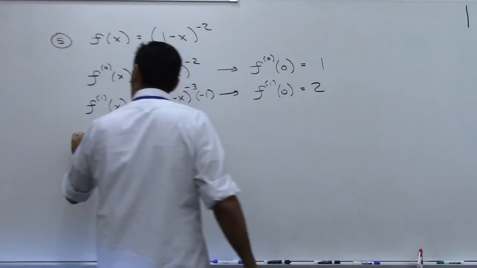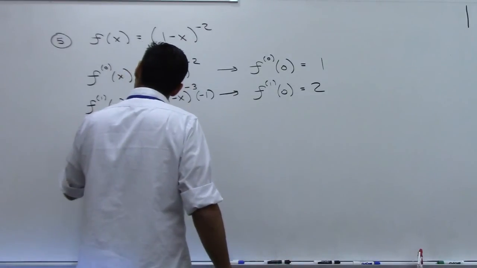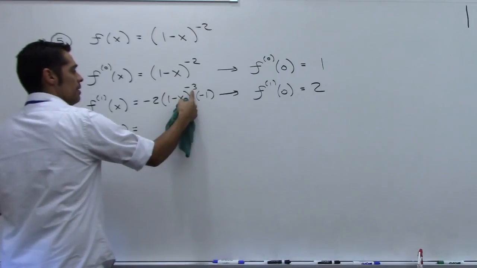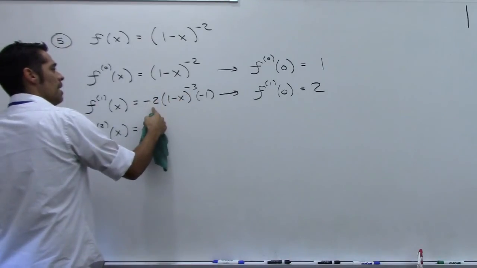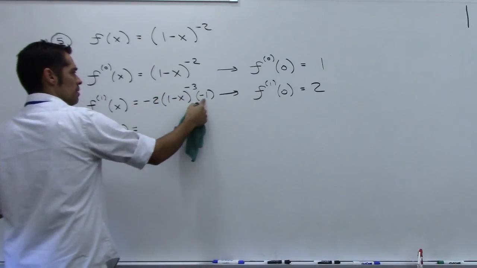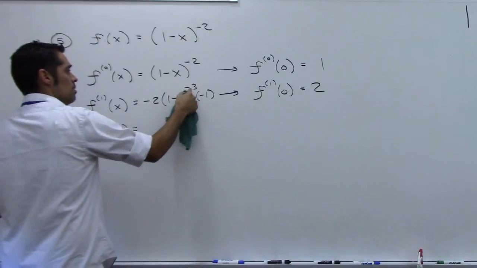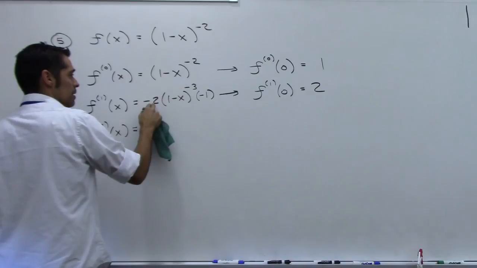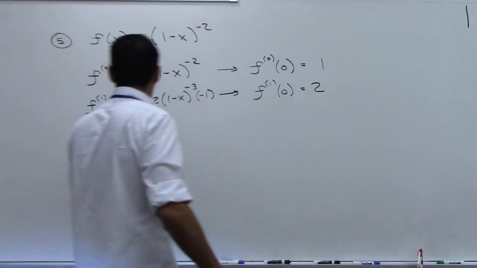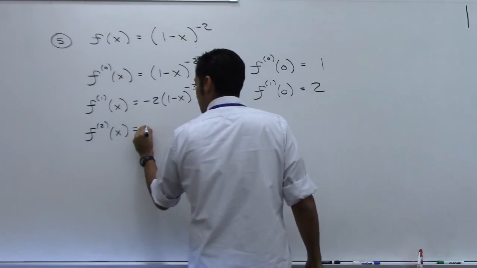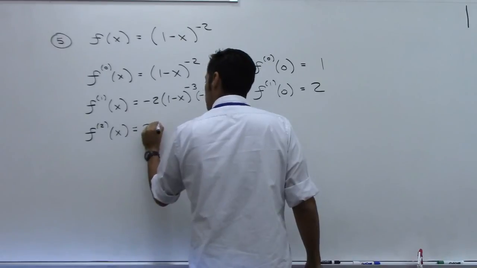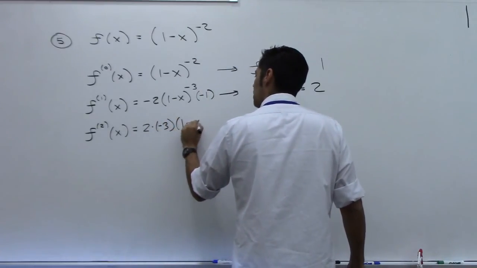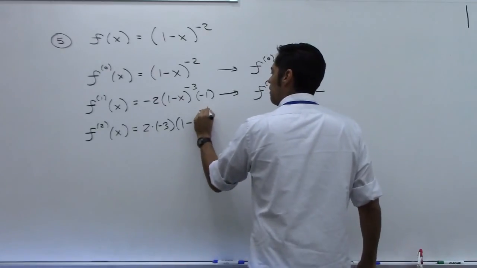Now I take the second derivative at x, and watch what happens. This negative 3 comes out and hits the 2 that was already there. It's going to be negative 6, but watch the way I write it. I'm going to say 2 times negative 3, and then I have (1 minus x) to the negative 4.